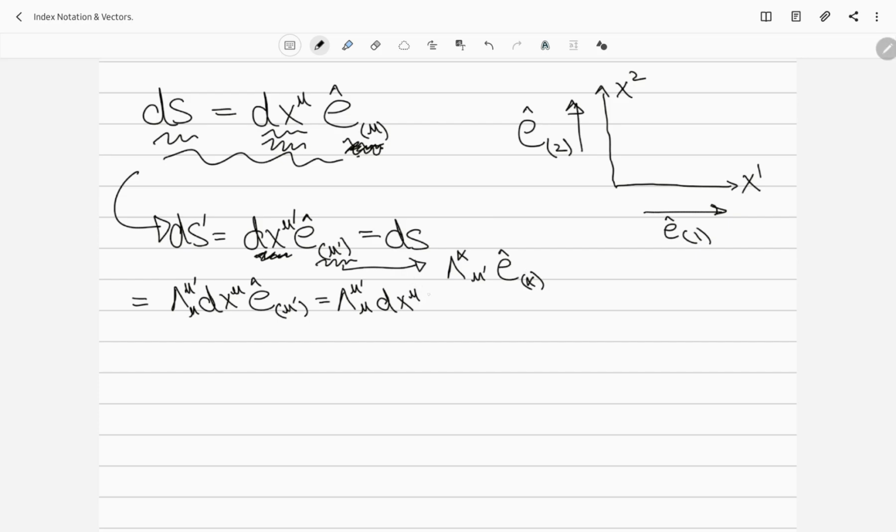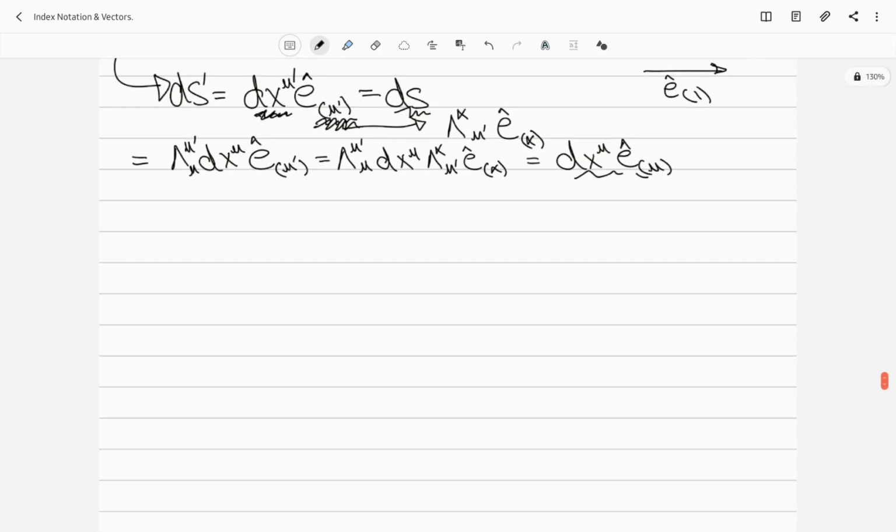So what I would have over here is lambda^α_μ' e hat_α in place of this thing. Now all of this is actually equal to dx^μ e hat_μ, or it has to be equal to this, for it to be equal to ds, which we want because ds has to be invariant.